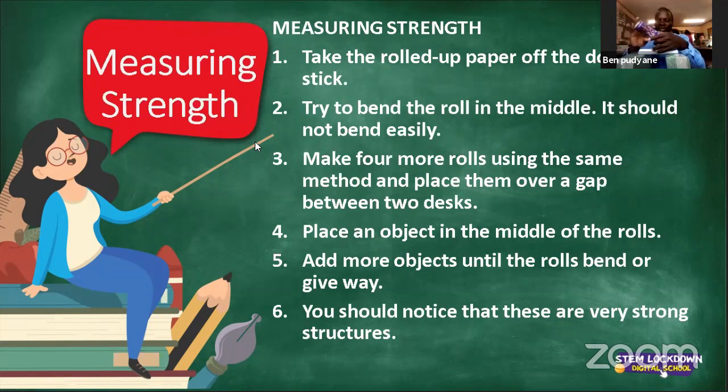I'm going to use this thing because they did not tell you what object I must put. I can try to put this thing here. If I put it here, do you see it is still stiff, it doesn't bend. Yes, because the paper is rolled so that they make what we call a strut. And this strut makes sure that it does not bend.